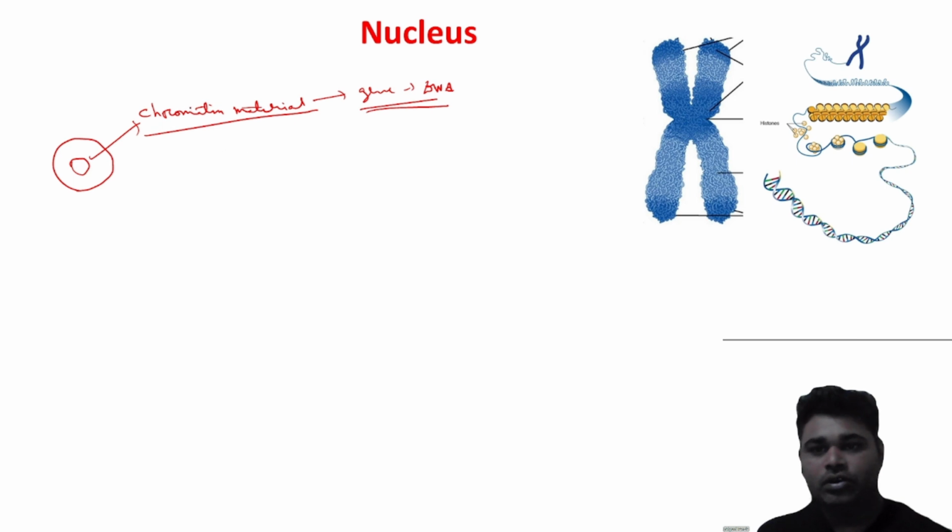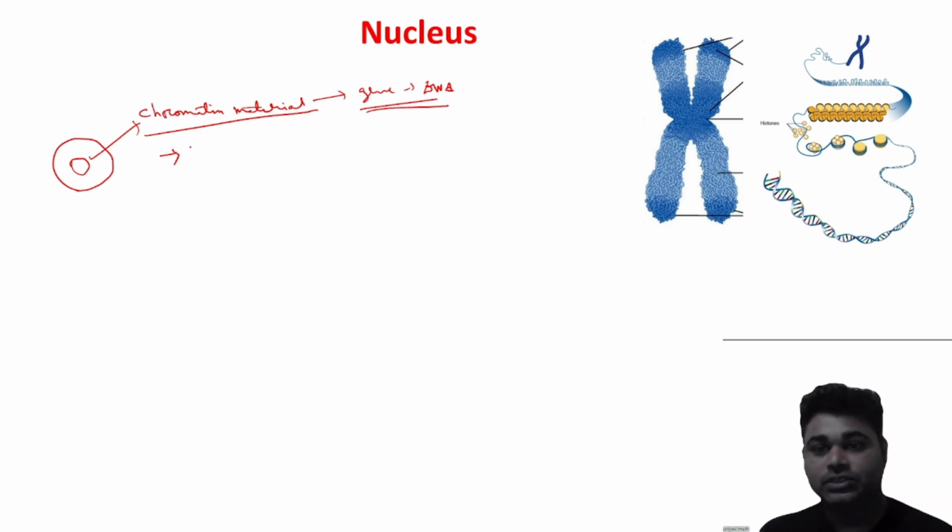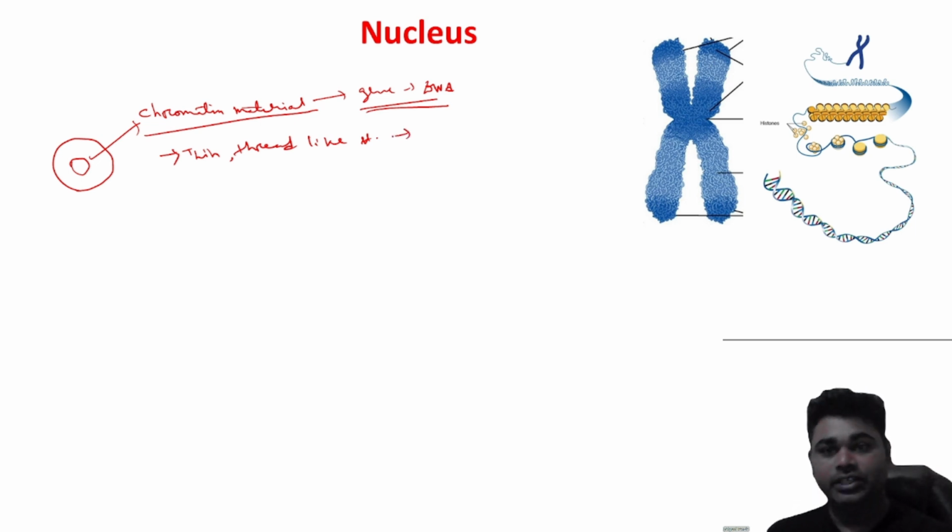Now if in the exam it is asked what the chromatin material is, you can simply say that the thin thread-like structure that is present inside our nucleus is called the chromatin material. And always the chromatin material or the DNA is negative.